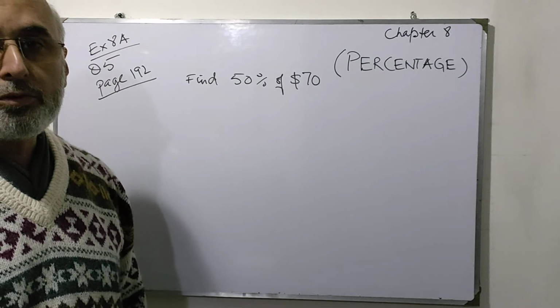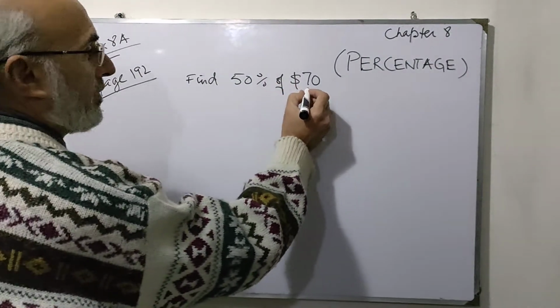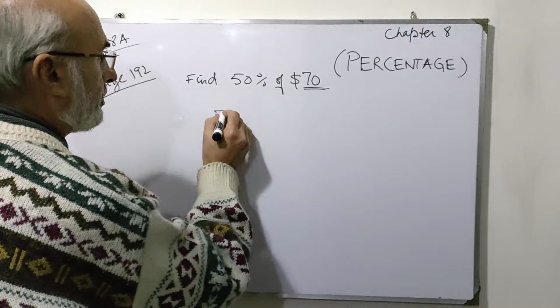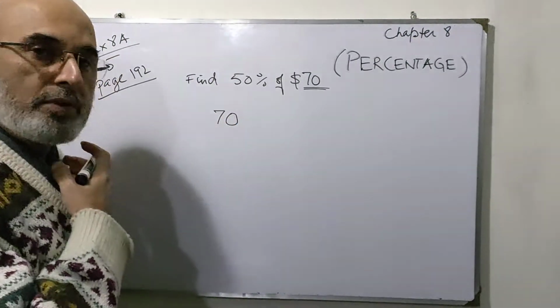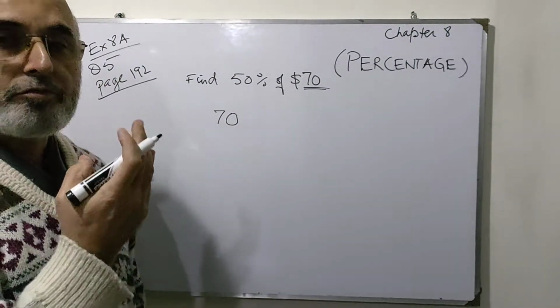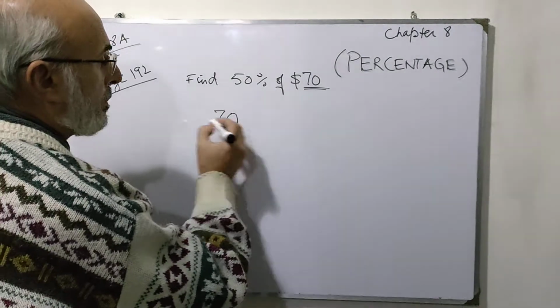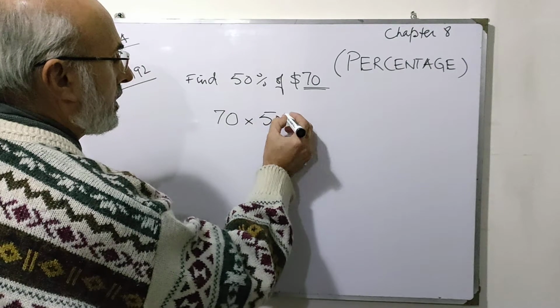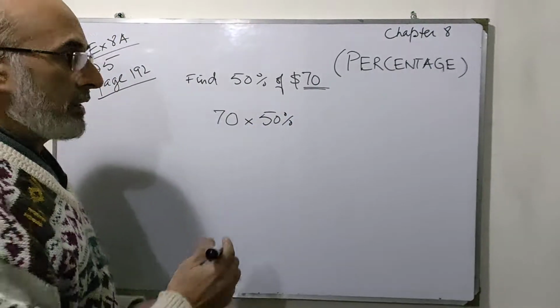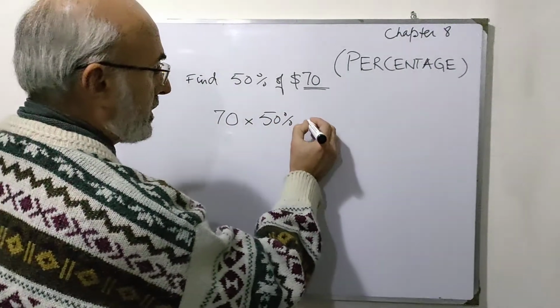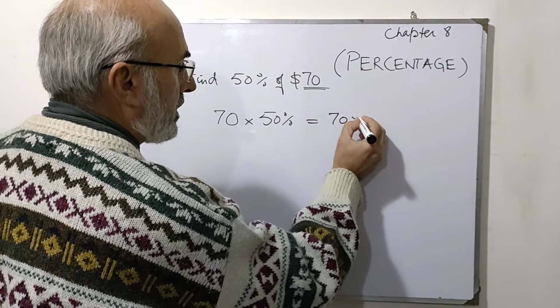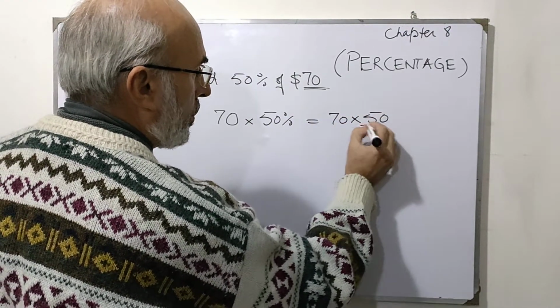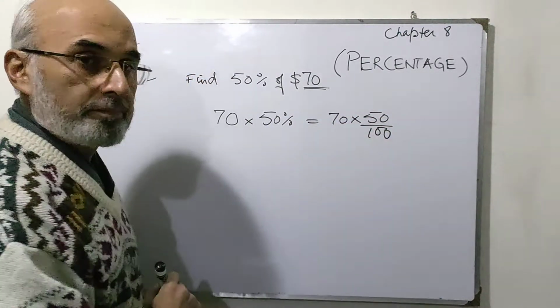So how to do that? One thing we have is 70, and we have to find 50%. So multiply it with 50%. Now what is the next step? We have to remove this percent sign. 70 into 50 over 100.